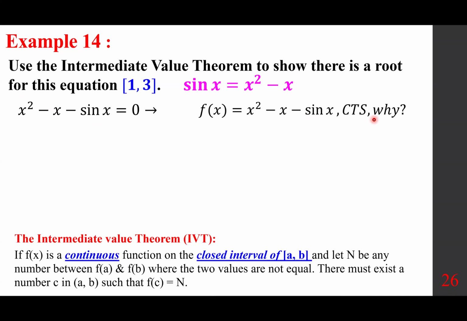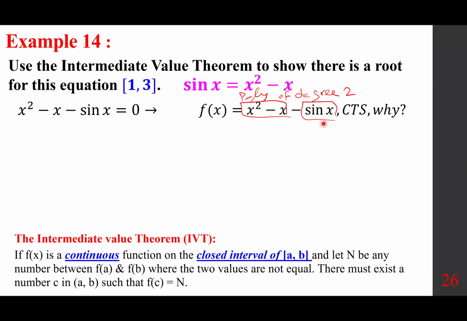Why is that? Because this part is a polynomial of degree 2. And this is a sinusoidal function. Both of them are continuous from negative to positive infinity.